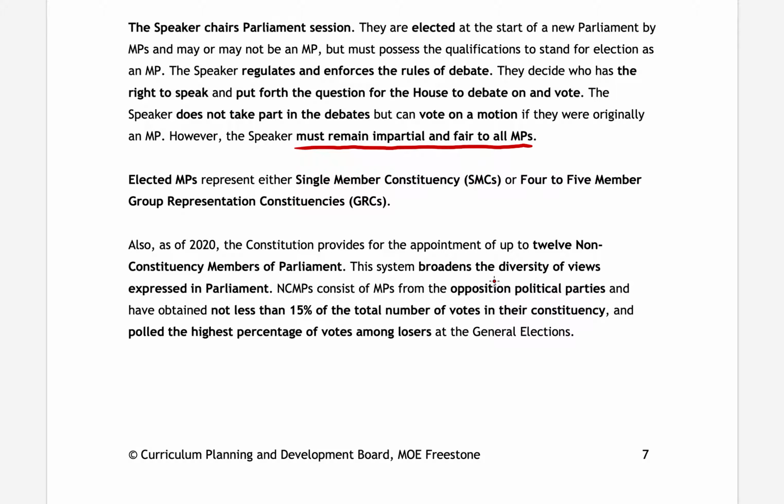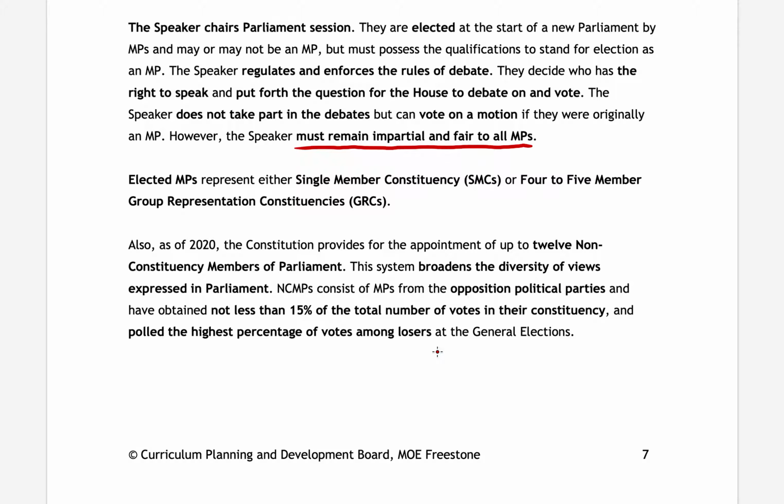Although they lost their general election in that constituency, they performed the best out of all the losing candidates in the entire general election in Singapore. They are eligible for this NCMP seat. NCMPs are usually from opposition parties. They have obtained not less than 15% of the total number of votes and polled the highest percentage of votes amongst losers at the general elections.